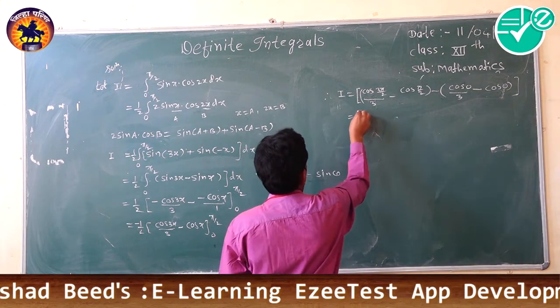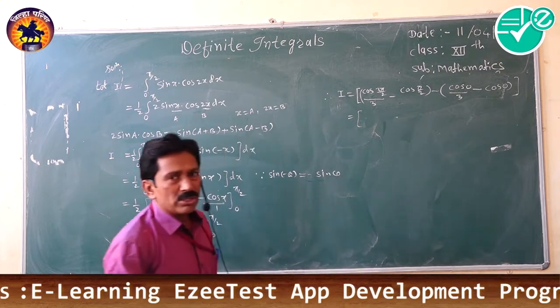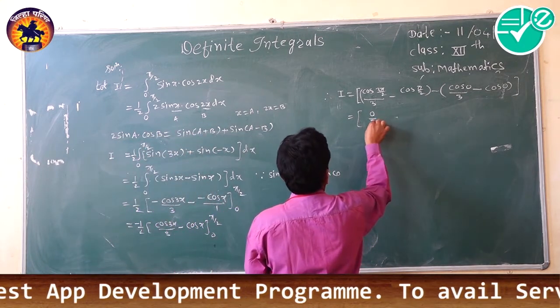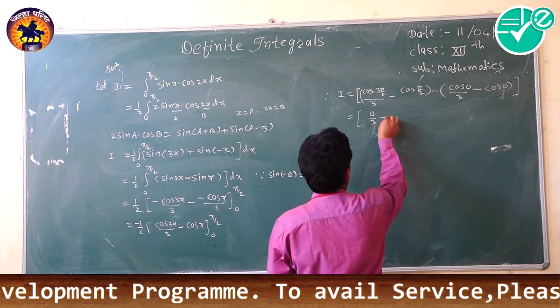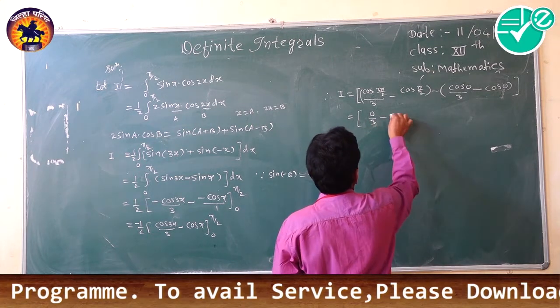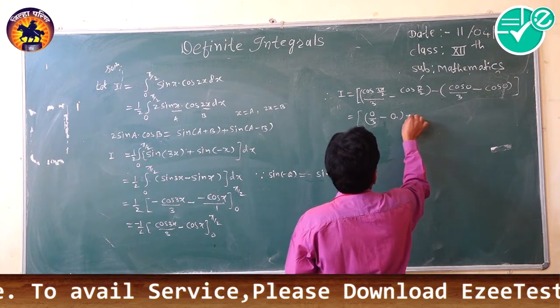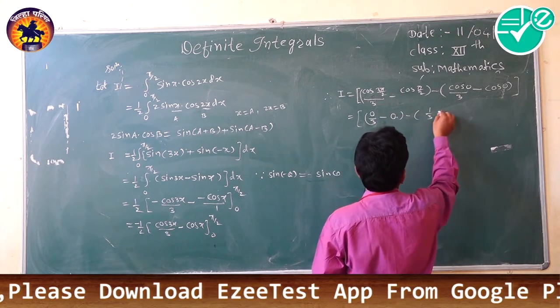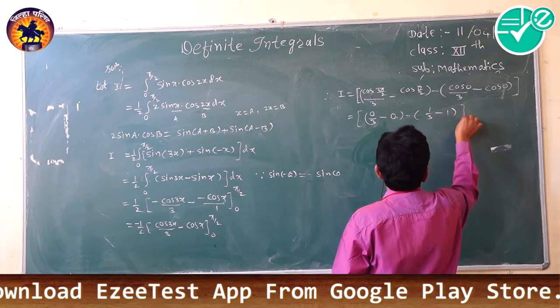This is equals to, now the value of cos 3 pi by 2 is 0, so 0 by 3, minus the value of cos pi by 2 is also 0, minus the value of cos 0 is 1, that is 1 by 3 minus 1.